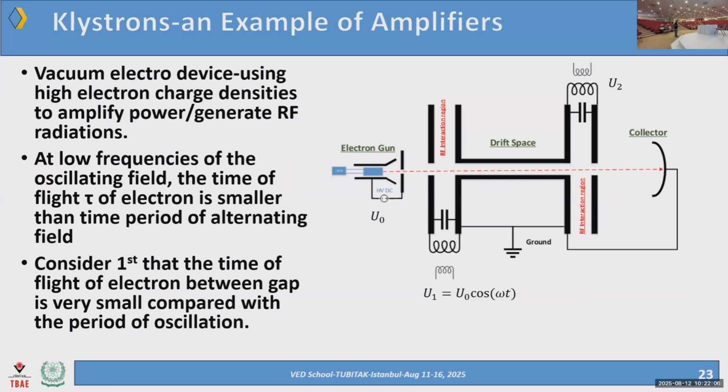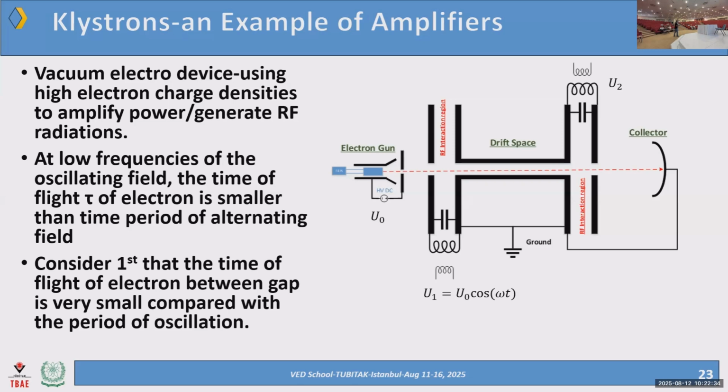But there are two different scenarios in which klystrons can be operated, at least physics-wise. Consider that we have a gap here. Whenever there's a gap, we have electric field seeping out. Electric field cannot exist within the metals. If we have a plate which is charged and another plate which is differently charged, there is an electric field.